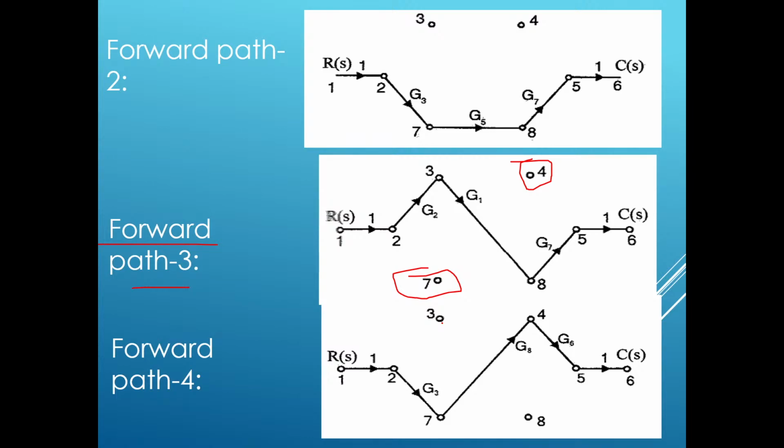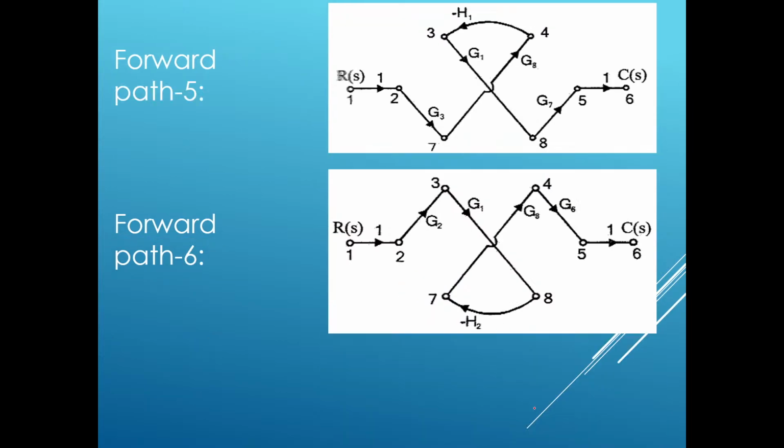Similarly, in forward path 4 also there is no loop which is not touching forward path 4. Similarly, for forward path 5, there is no loop which is not touching forward path 5. Similarly, there is no loop which is not touching forward path 6.